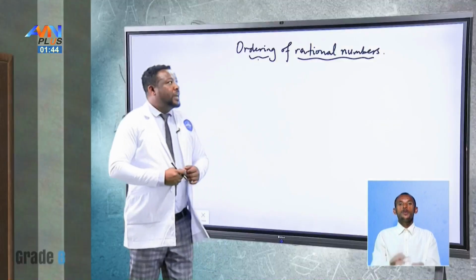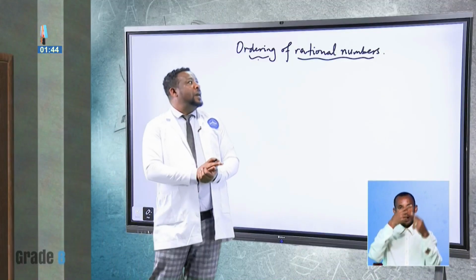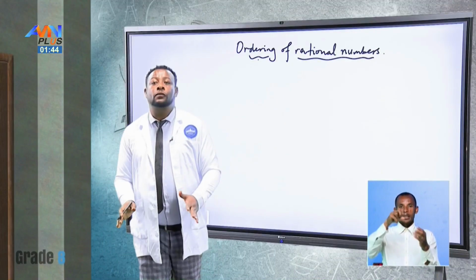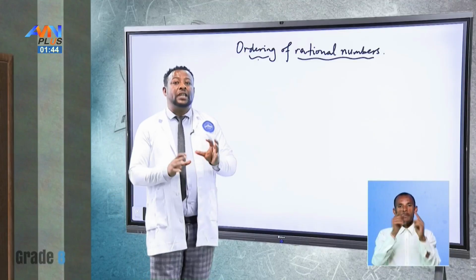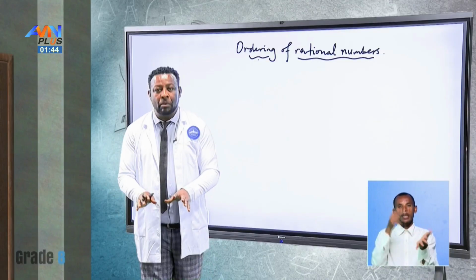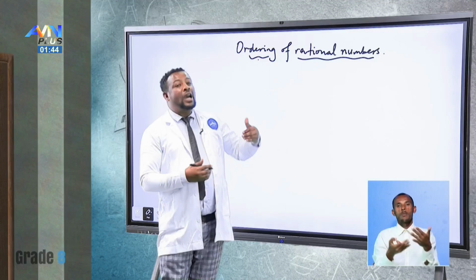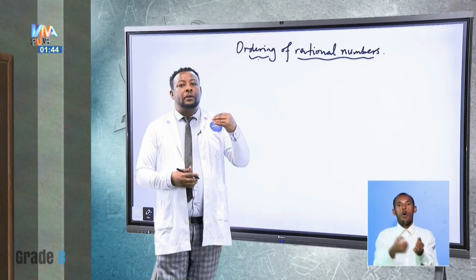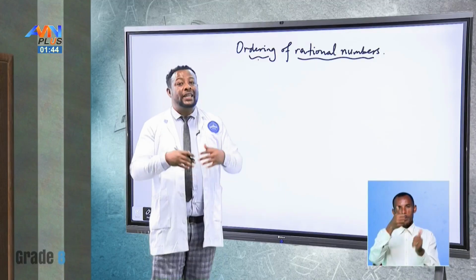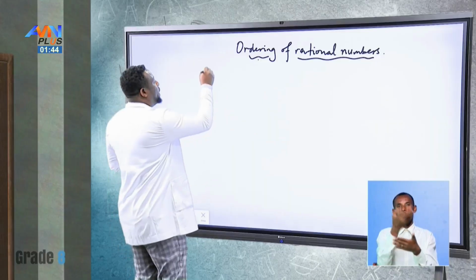When we come to this topic, rational numbers can take different forms. They can be expressed in decimal form or fraction form. So we will see how to order rational numbers which are given in decimals. Comparing decimals.